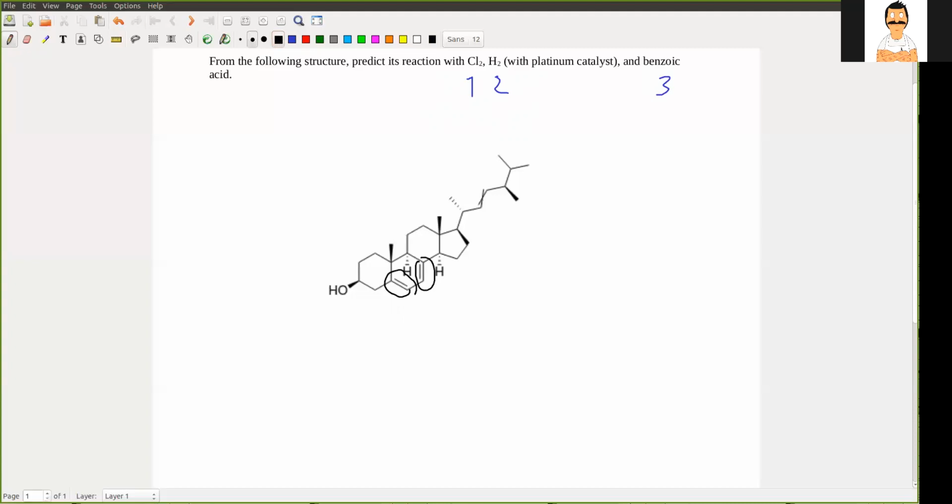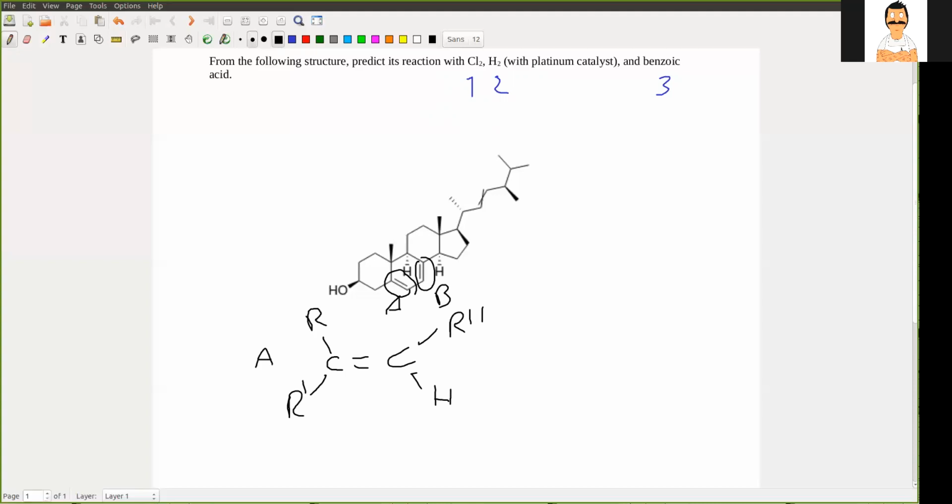So for this one, let's call this area A and area B. For area A, we have a carbon that's attached to two things. We're going to say that's R and R prime. And then it's double bonded with a carbon that's attached to, let's call this R double prime, and a hydrogen.